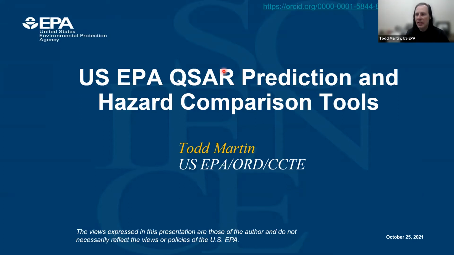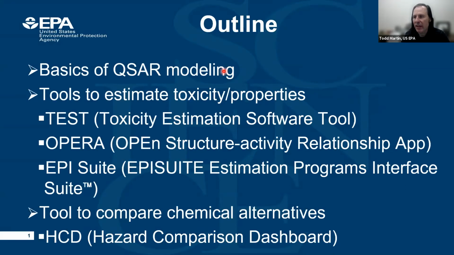Today I'd like to talk to you about US EPA QSAR prediction and hazard comparison tools. Here is a brief outline of my talk. I'll go over the basics of QSAR modeling. Then I'll discuss some tools to estimate toxicity or physical properties. The main one I'll focus on is TEST, the Toxicity Estimation Software Tool, and I'll briefly discuss OPERA, the open structure-activity relationship app.